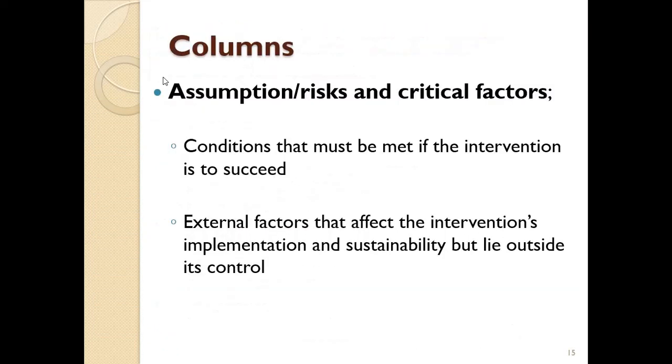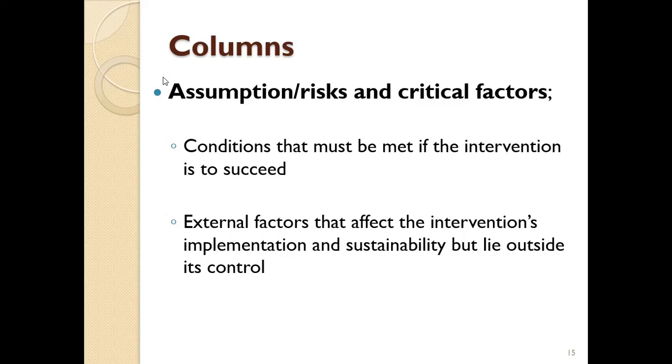So under the next column, we have assumptions or risks or critical factors. These are conditions that are external to the management and implementation of the intervention, and therefore if the management is not aware of those, and cannot mitigate, prevent, control, or avoid them, then certain results might not be achieved.